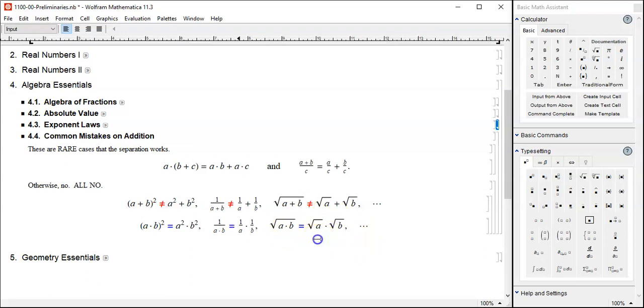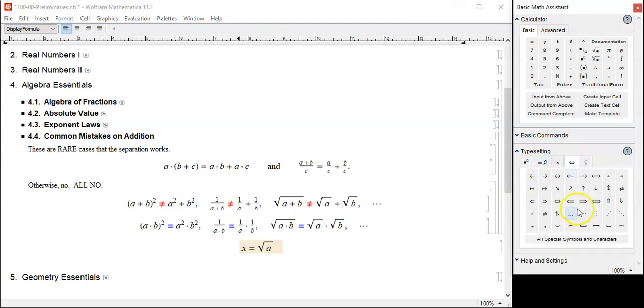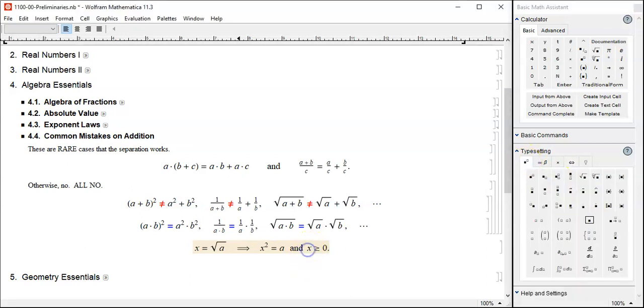And as for radical, well, radical was defined from repeated multiplication. What do you mean by x is square root of a? That means x squared is equal to a, and x was greater than or equal to 0 as a matter of fact.